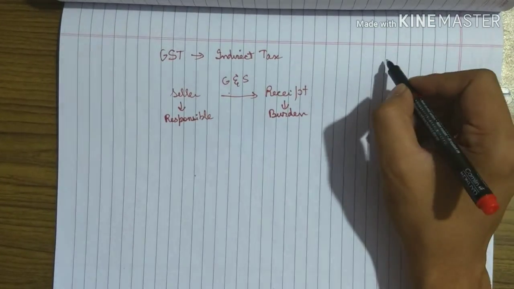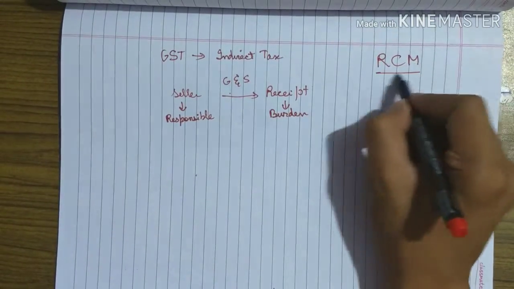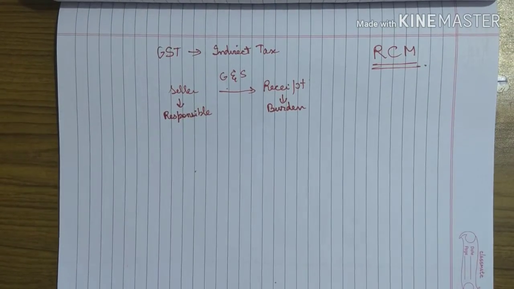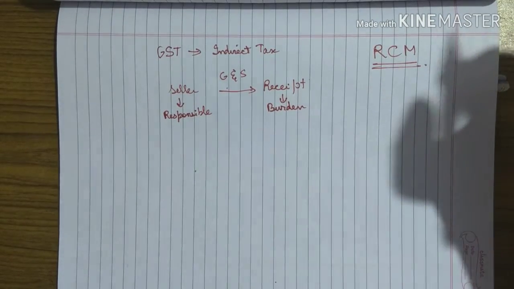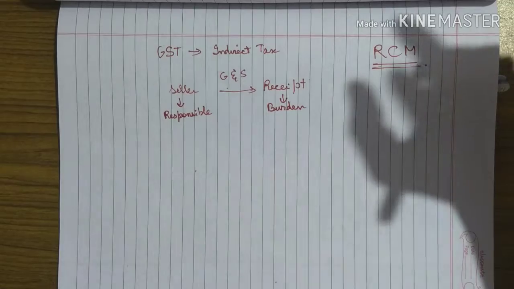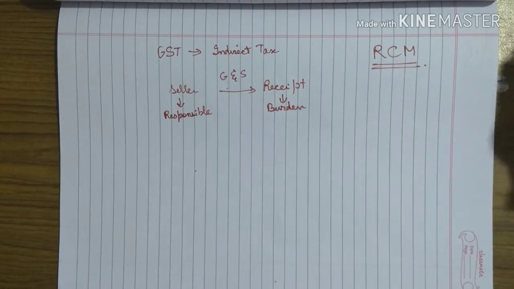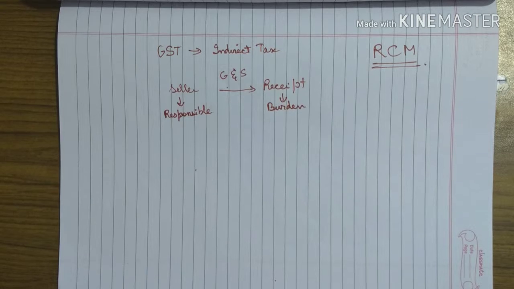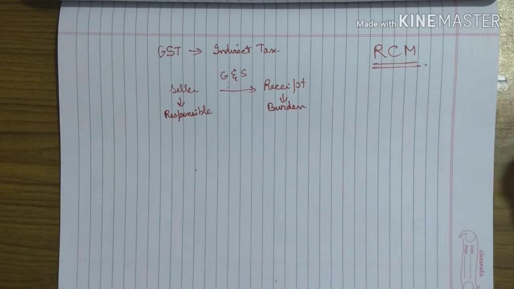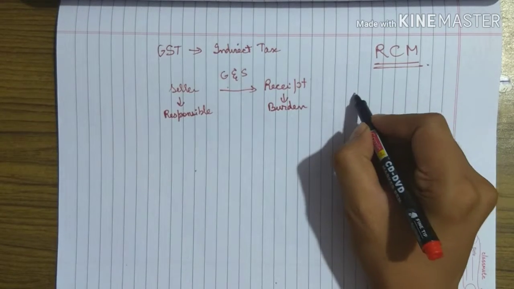Okay, so let's see what is RCM. The main topic of today is RCM. RCM is reverse charge mechanism. Reverse charge mechanism is that the recipient has the burden as well as he is responsible to pay the tax. It's a simple idea, but a bit complex, in which the recipient himself needs to pay the taxes to the government, which is a bit bizarre as it is an indirect tax, but there are certain conditions in which the RCM is applied.